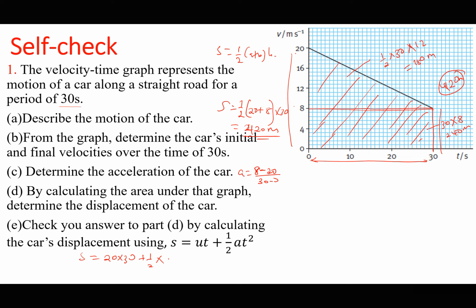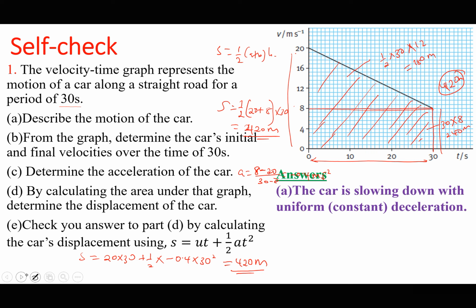It is 8 minus 20, that is minus 12, divided by 30, negative 0.4 meters per second squared. So times negative 0.4, then times t, which is 30 squared. I think this should give you 420 meters. You can verify that.